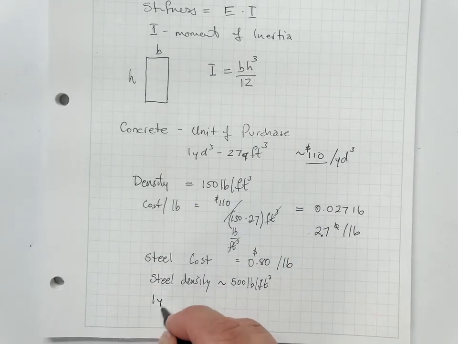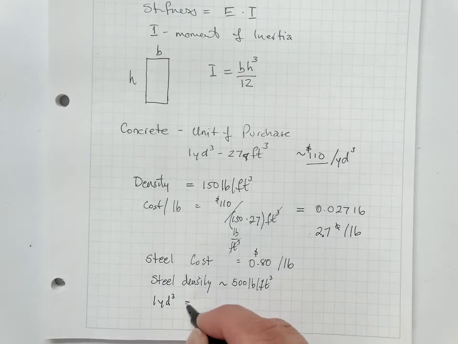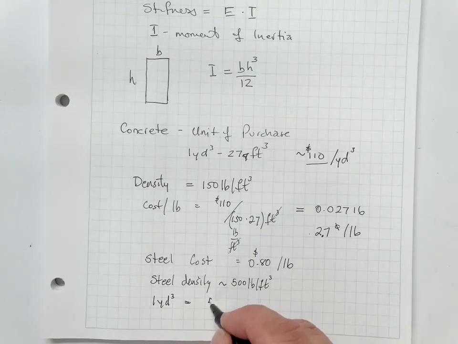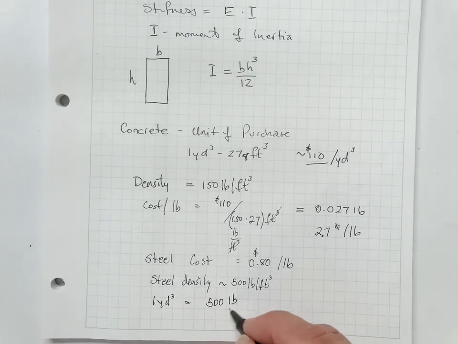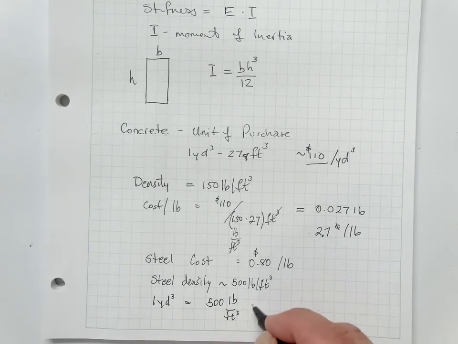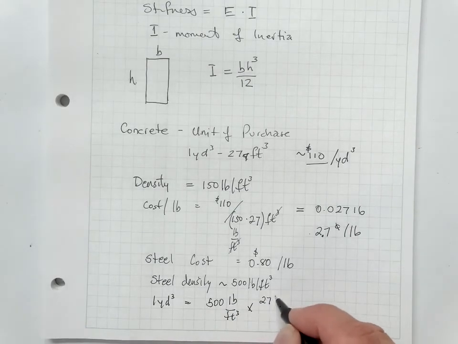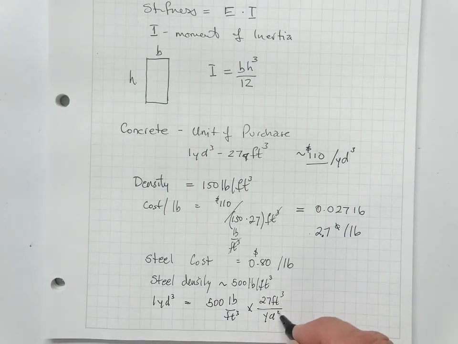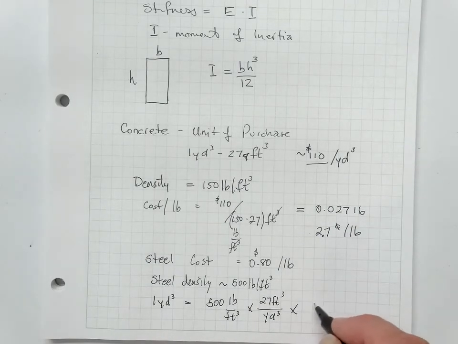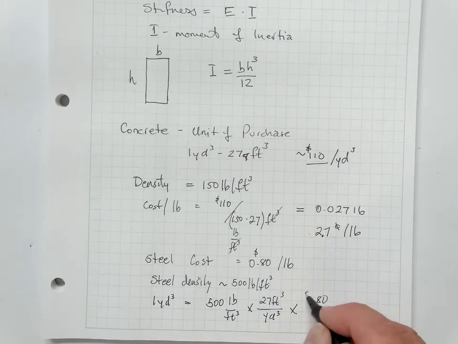And so 1 cubic yard of steel is going to cost 500 pounds per cubic foot, multiplied by 27 cubic feet per cubic yard, multiplied by $0.80 per pound.